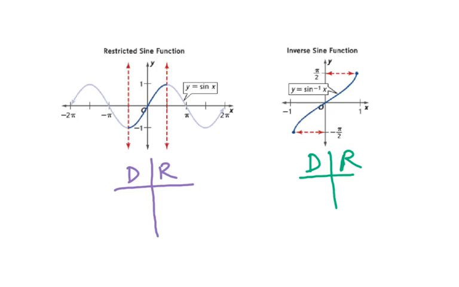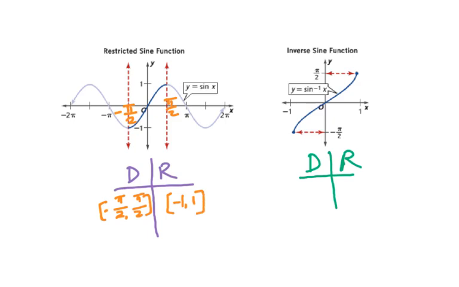So for the sine function, the domain is restricted to -pi/2 to pi/2. The range is -1 to 1.